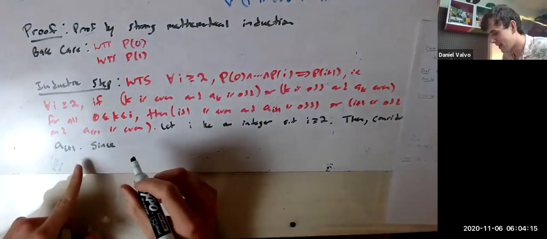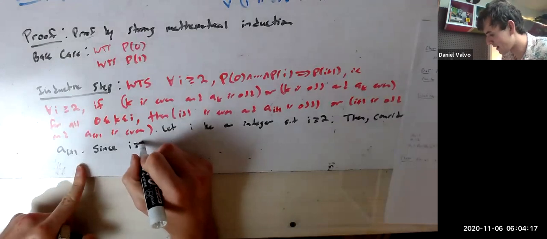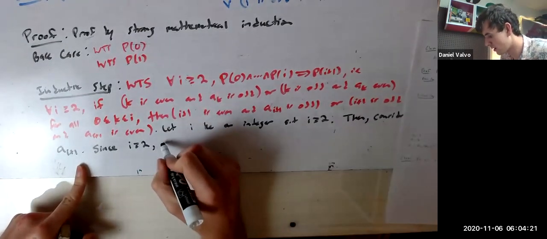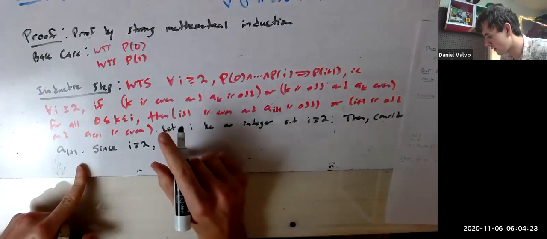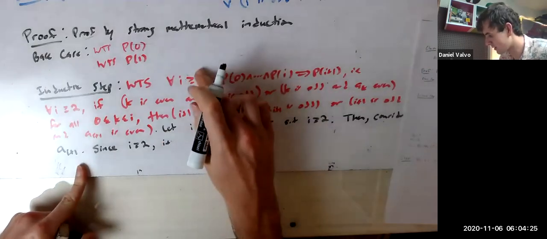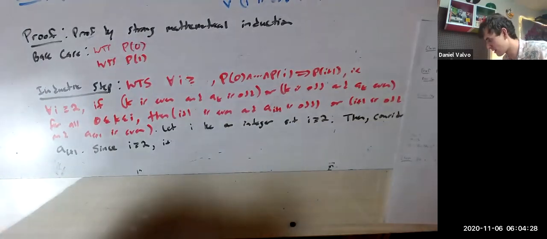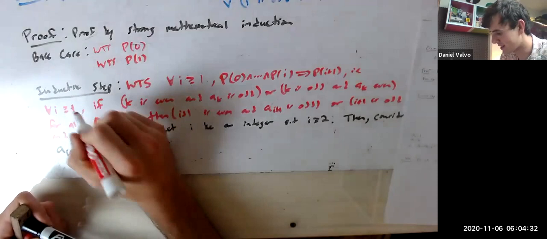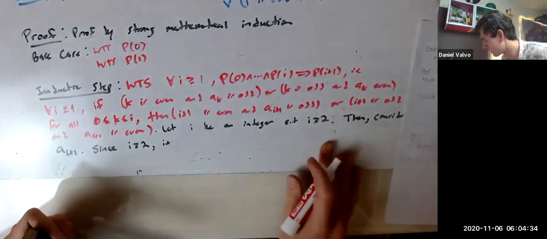So notice that since i is greater than or equal to 2, actually, I'm going to use 1 here. Let's see why in a second. I could use 2, I'm going to use 1.